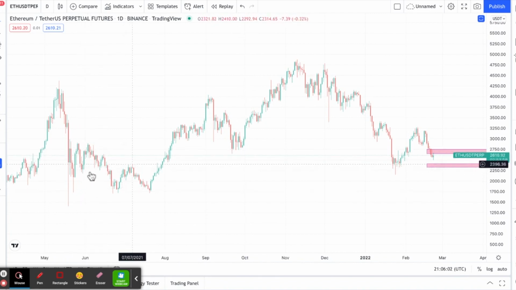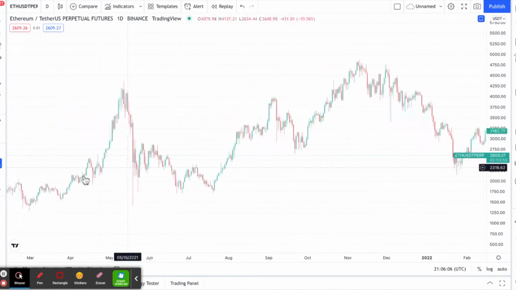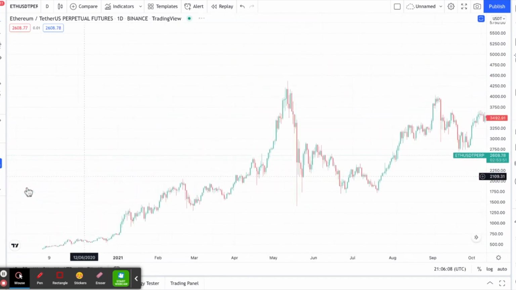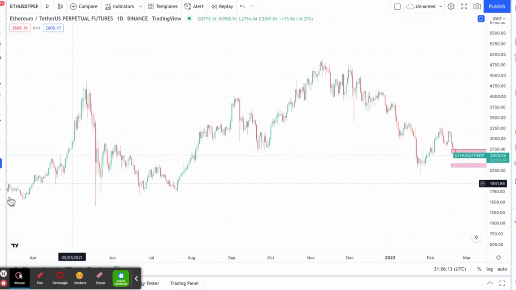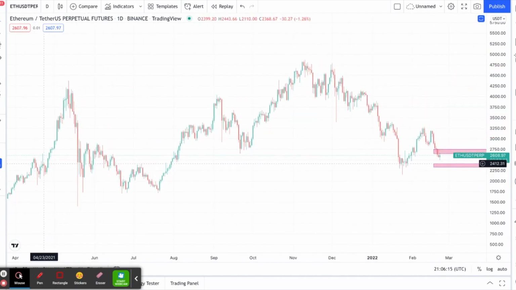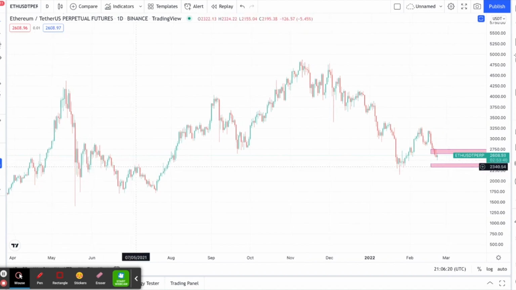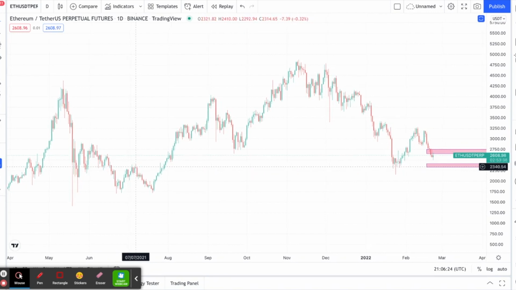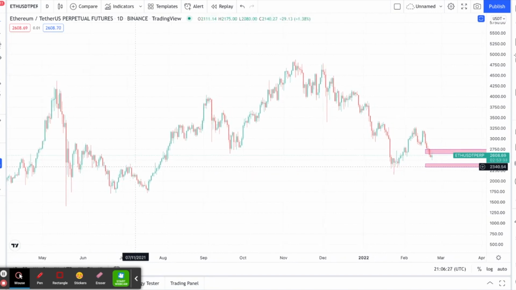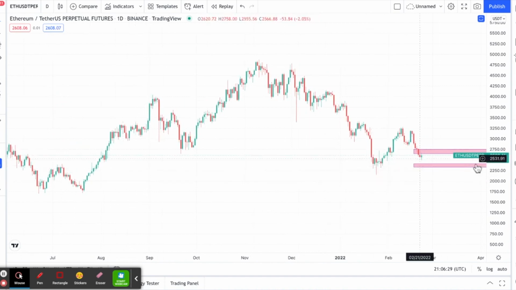My second area of support comes from this area right here, and it also comes from this area as well. So we've got a couple of supports there. I do believe that it will hold. Again, we can't predict the future, so it may not hold, but I do feel like we are going to start turning around. We may get all the way down in here, this 24, 23 area, but I do feel like we will come up again.